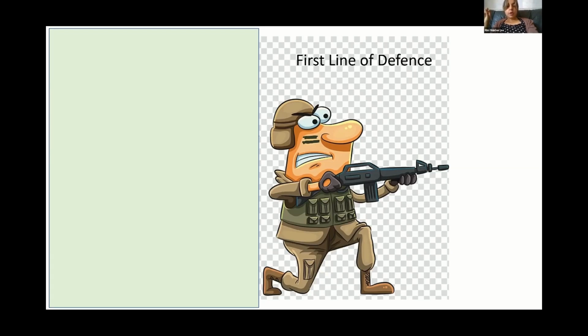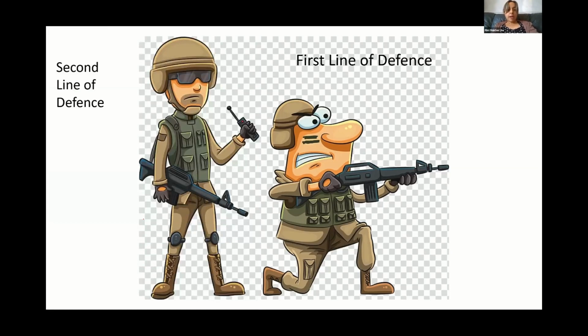So if anyone knows the name of these cells, please do type it into the chat. These are the first white blood cells that try to tackle the virus on their own, and if they can't tackle it alone, it then passes on to the second line of defense. These are a different kind of white blood cell that will take over the job of attacking the virus if the first line of defense was not able to get rid of it by itself.